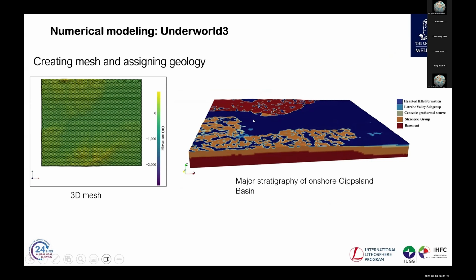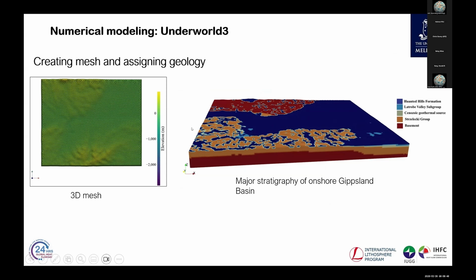So the first step, of course, is creating an appropriate mesh for the domain of the geological model built in Leapfrog. Once the appropriate mesh is created, we can deform the mesh to the topography, showing topographic elevations in the mesh.